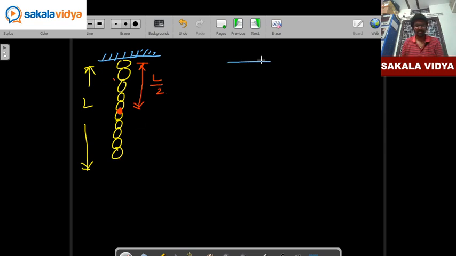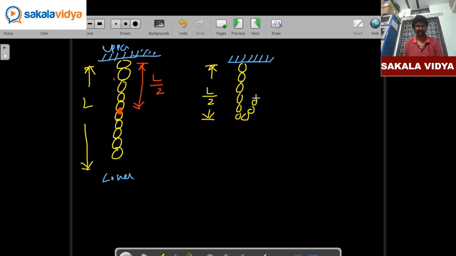So what is our ultimate goal? We need to link this lower end and this upper end. So we have to link these two ends. This distance will be L by 2, isn't it? So I am going to link this.